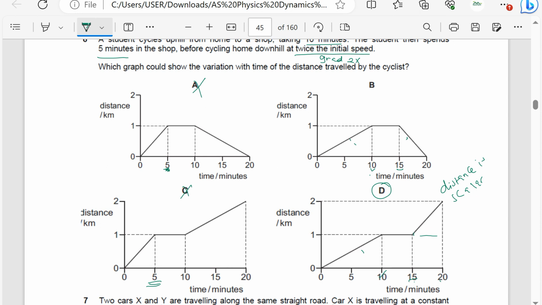So the total distance must become 2 meters, yet in B, total distance will be 0 because it is going back home. That would mean you are considering distance as a vector quantity. If it was displacement, the answer would be B, but since it is distance, the answer is going to be D.